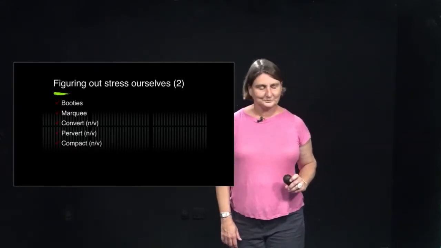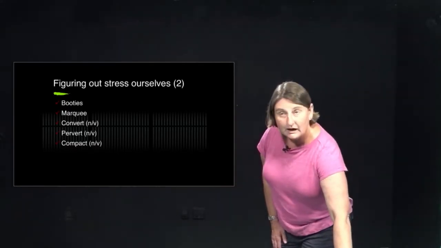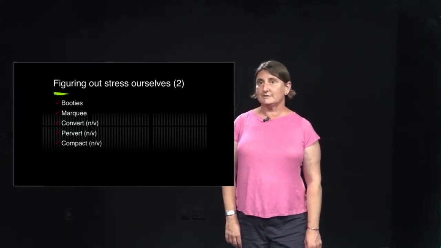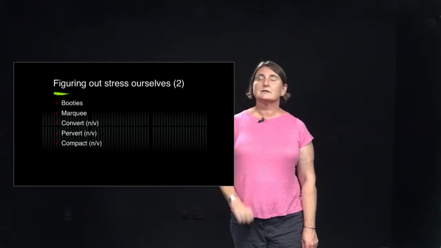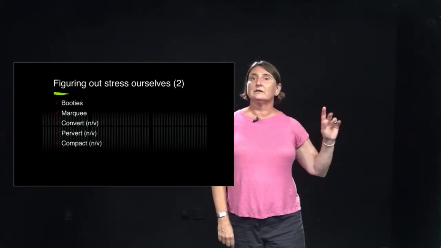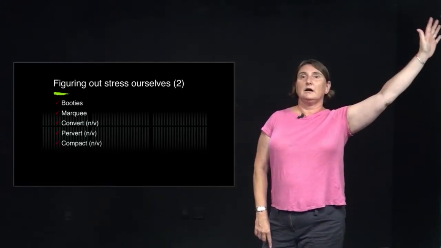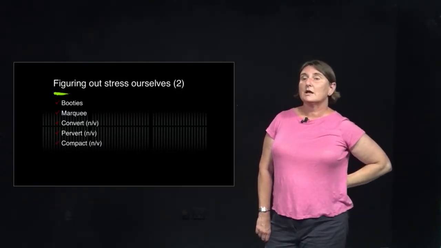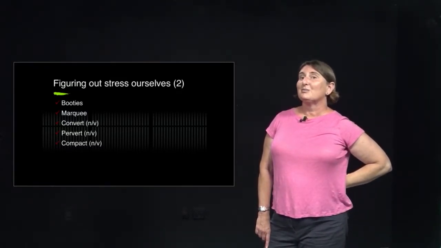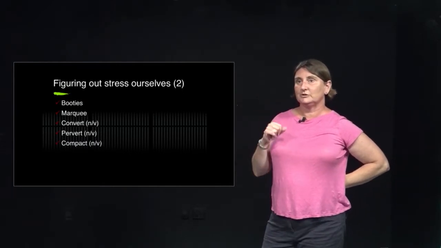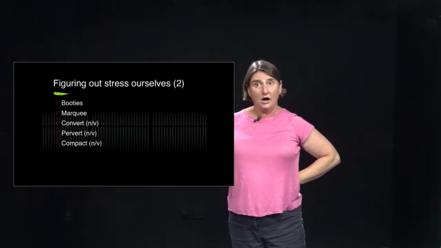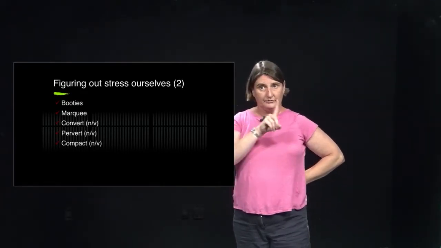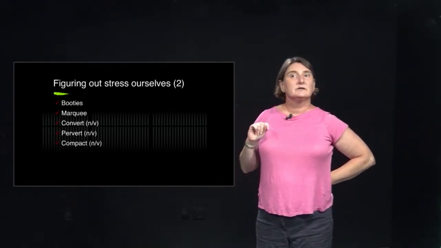Here's some more for you. Okay, booties, baby booties, first syllable stress. Now, a marquee, the name on a theater. Marquee, second syllable. Now, okay, a convert, someone who converts to another religion. Then now, convert, first syllable stress.